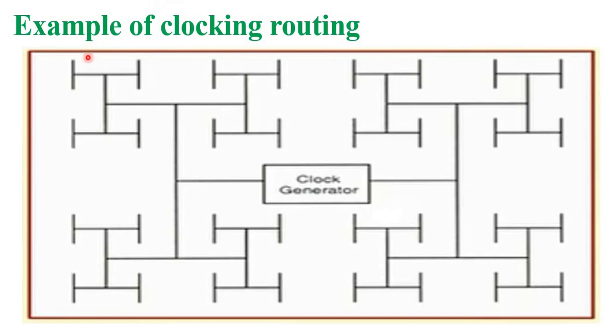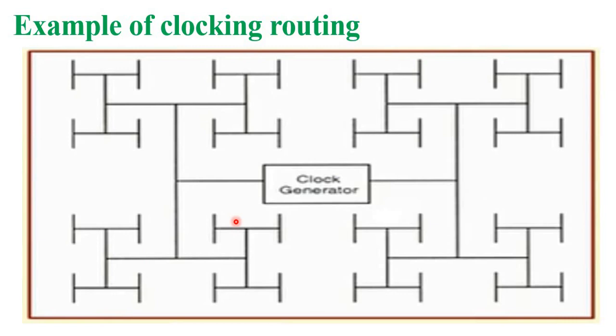If we observe, these clocks are all the same. All these are the clocks, in the same shape and same timing, so that the delay of the clock is the same. If the delay of the clock is the same, automatically performance also improves. That is called clock routing.